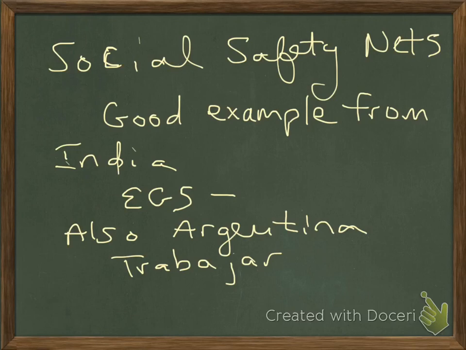These jobs involve public works, such as road construction and repair, irrigation systems, and prevention of soil erosion. To solve the targeting problem, wages in public employment schemes must be kept low relative to market alternatives. So in other words, if you get a better offer, you take it because it pays more. So you make less working for the government, but at least it's helping you through a bad time.